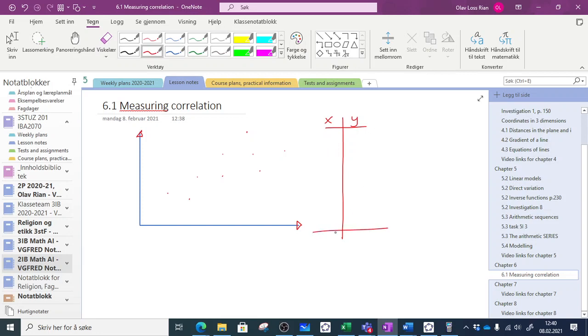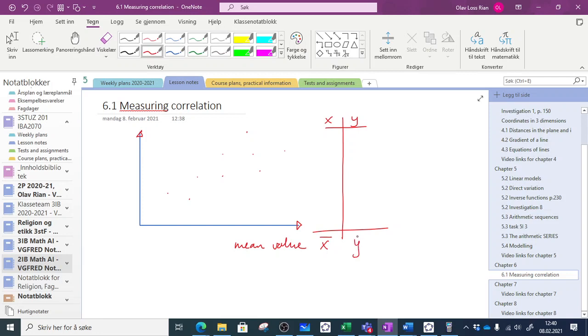And you can find the mean value for each variable. So the mean of the x's, and we can write that as x bar. So this bar on top of the variable means the mean value or the average value.